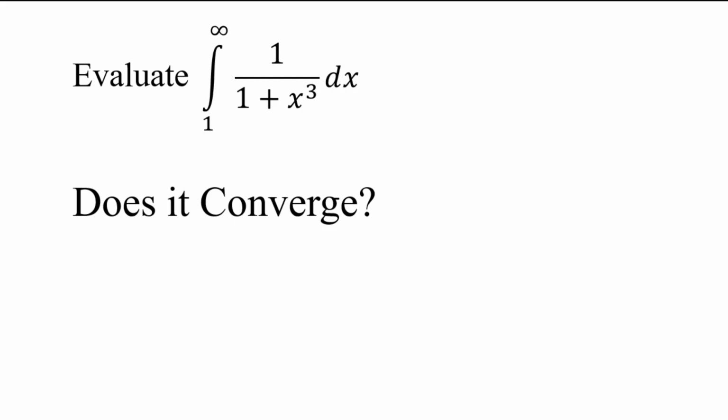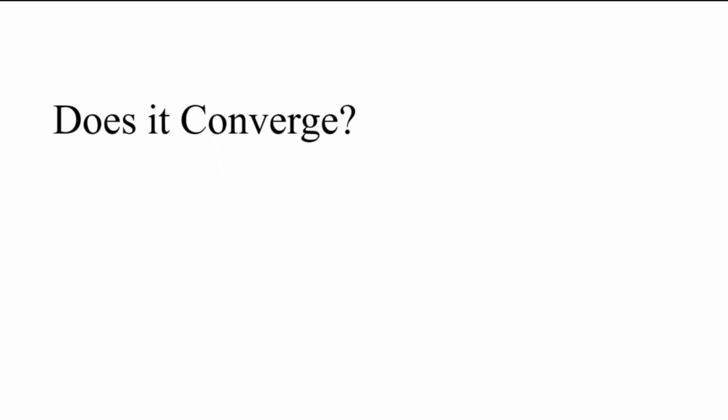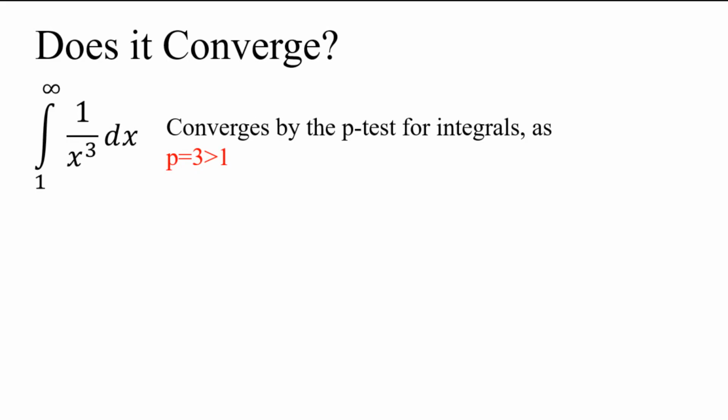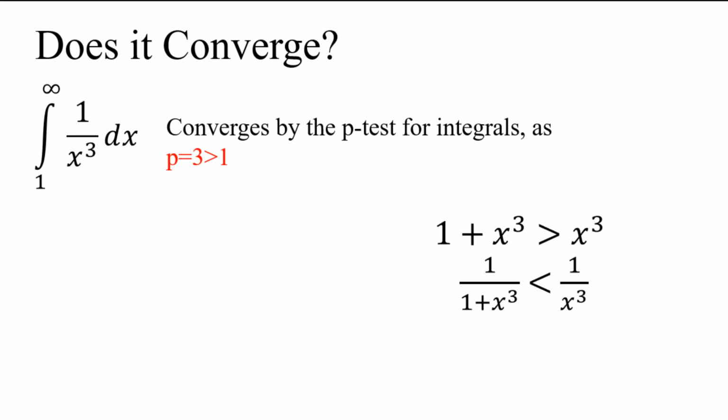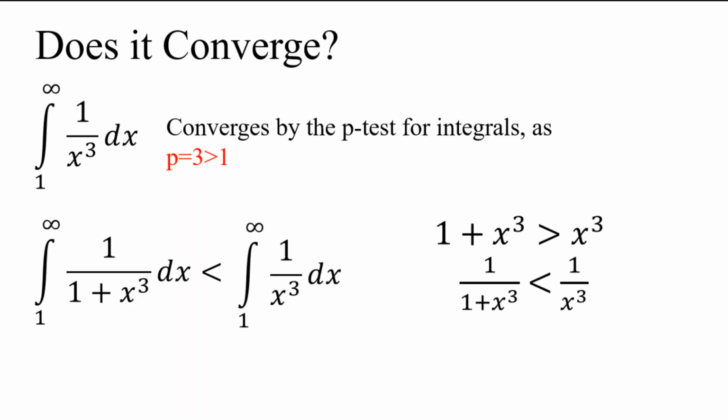Luckily in this case, it's pretty easy for us to tell. So let's first instead look at just the integral of 1 over x cubed. By the p-test for integrals, since 3 is bigger than 1, I know that this integral converges. And I now know that since 1 over 1 plus x cubed is less than 1 over x cubed, my original integral is going to be smaller than this convergent integral.